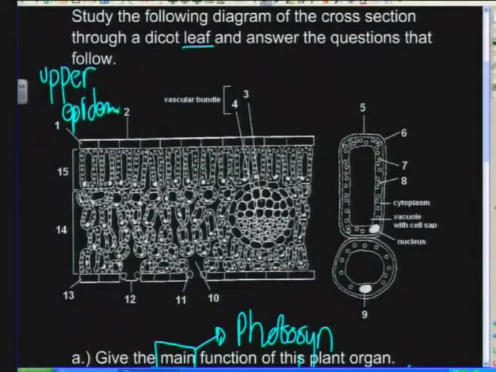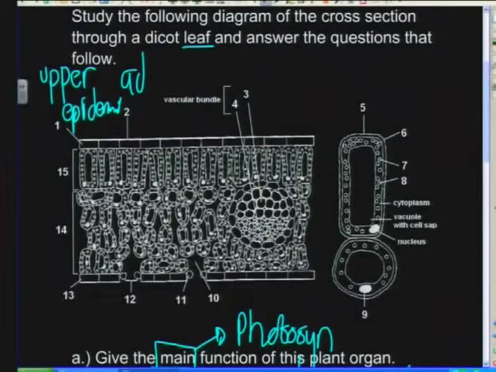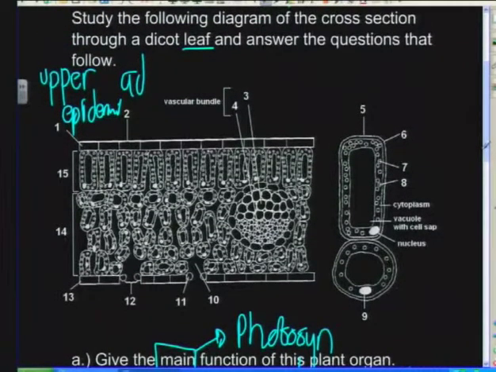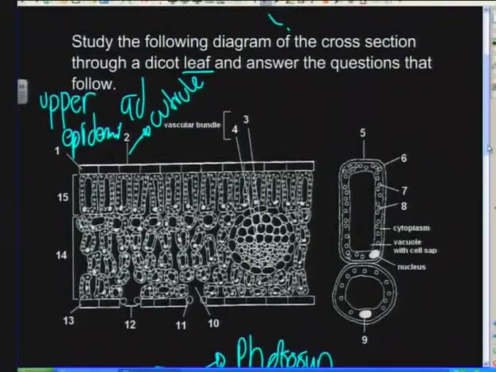Or, as I said, some teachers say the adaxial or the abaxial. That would then be the adaxial surface. Number 2, it's on top of it, and that is going to be my cuticle. Then we've got number 9, 10, and 12.